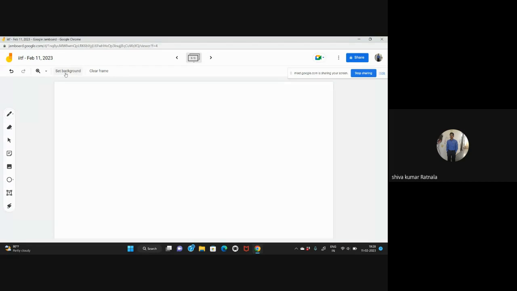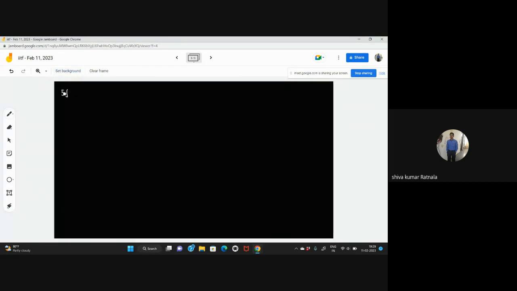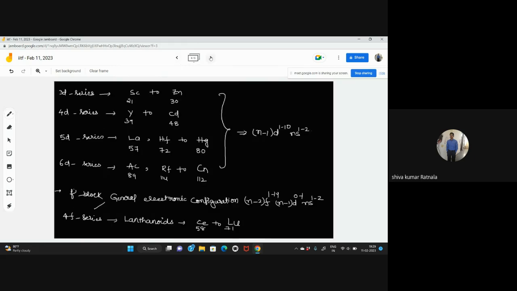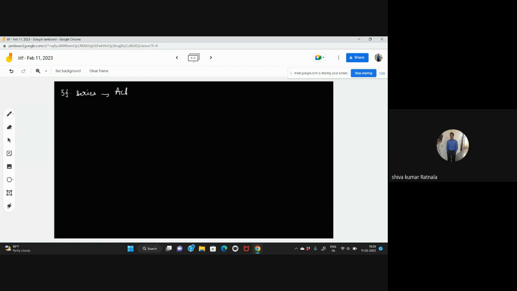Next, the 5F series, also called actinoids, starting from thorium 90, protactinium 91, uranium 92, up to lawrencium 103. These are called actinides, and lanthanides and actinides together we call the F inner transition elements.